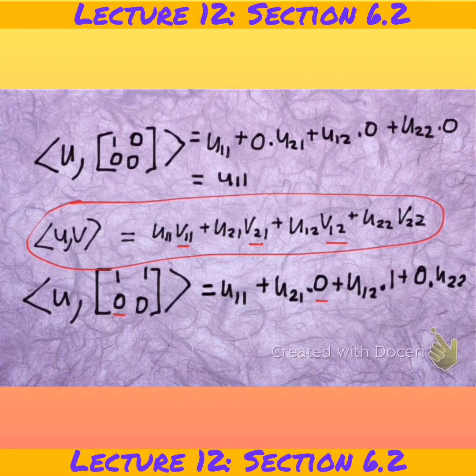What is v12? v12 is 1. And what is v22? v22 is 0 there. So that is going to become u11 plus u12. And we want to find all vectors u such that u is orthogonal to that vector.